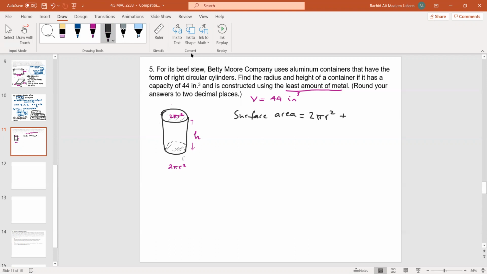plus 2 pi r times h. 2 pi r, that's for the circumference. If you have a circle and you open it, that's going to be the circumference of the circle.